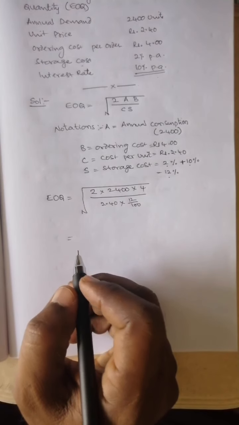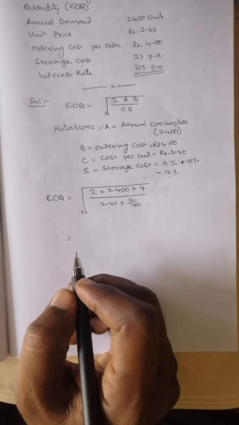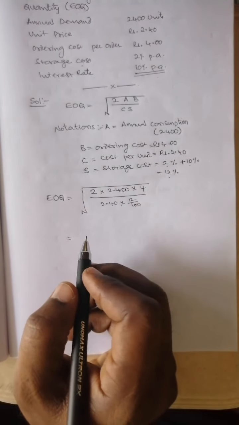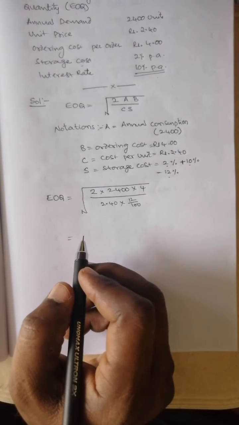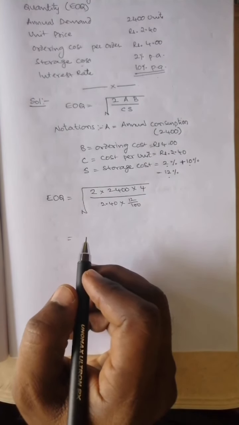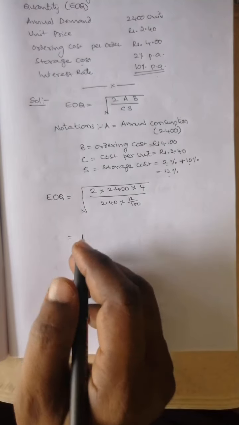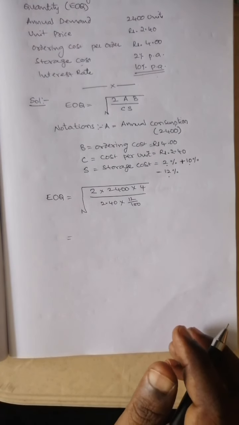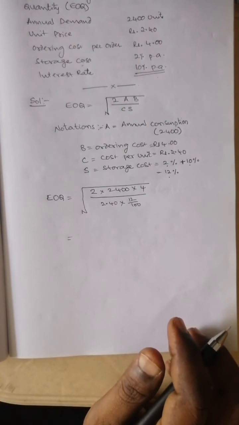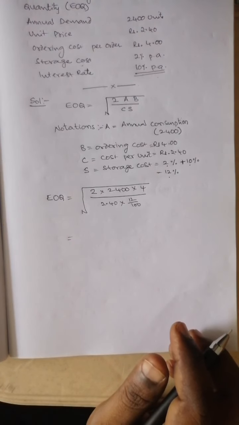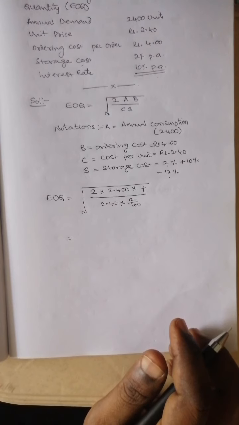Therefore, 2 into 2400 into 4 you keep as it is, but first compute 2 rupees 40 paise into 12 by 100. Take your calculator. I am also using my calculator. Then with the help of the calculator you finish this part.